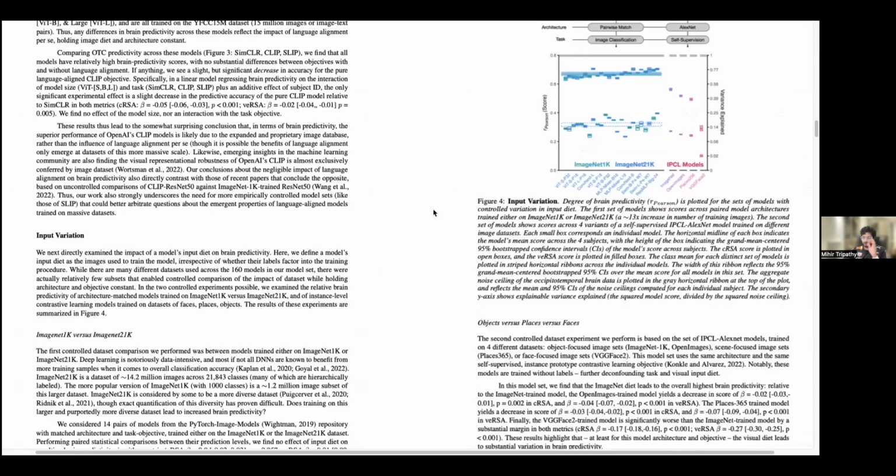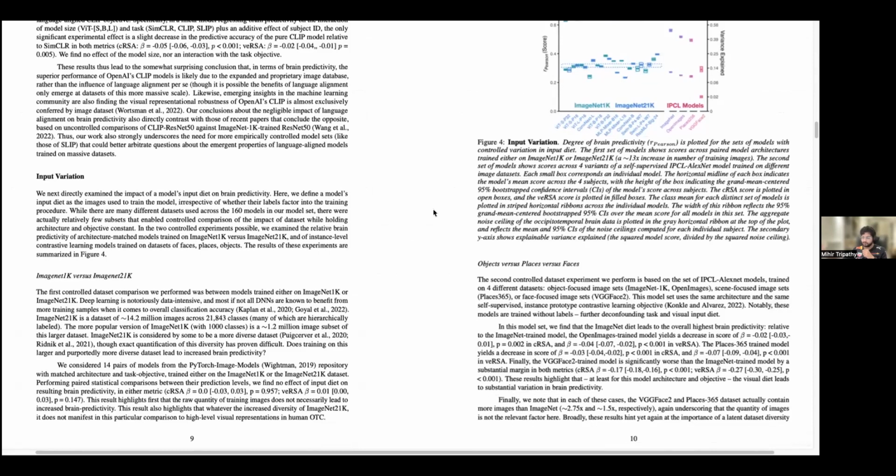So next they tested how the input diet, or the datasets, differ with brain predictivity, and this is where most of their conclusions come from.